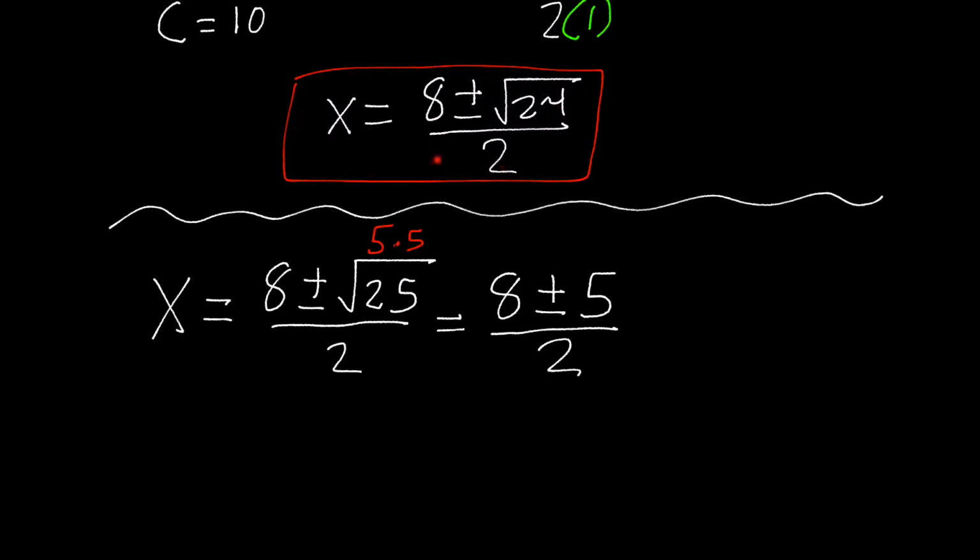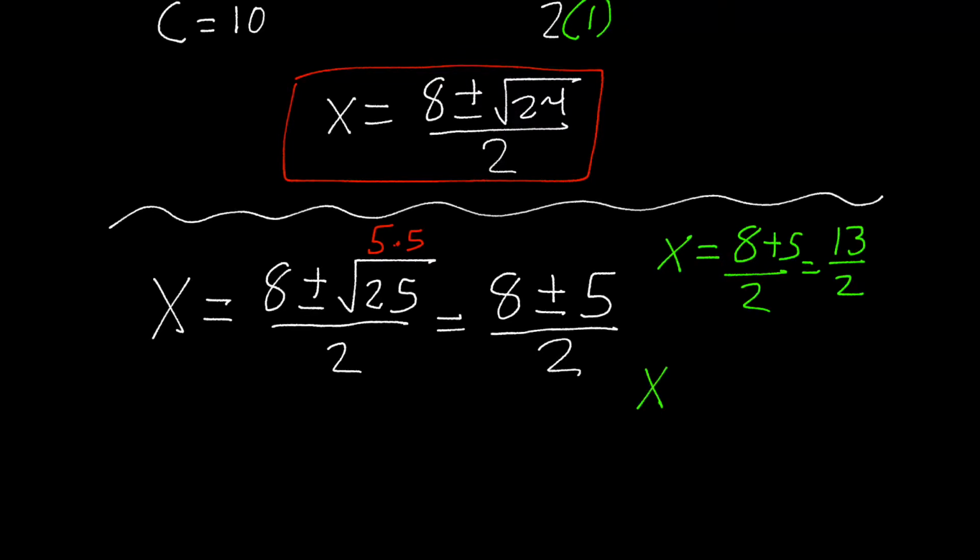Here, we've done everything we can with our knowledge. Here, we can do a little bit better. So we got x equals 8 plus 5 all over 2, which is 13 over 2.